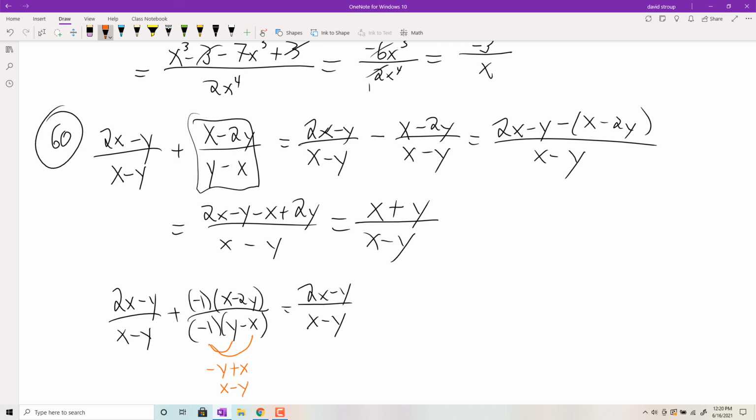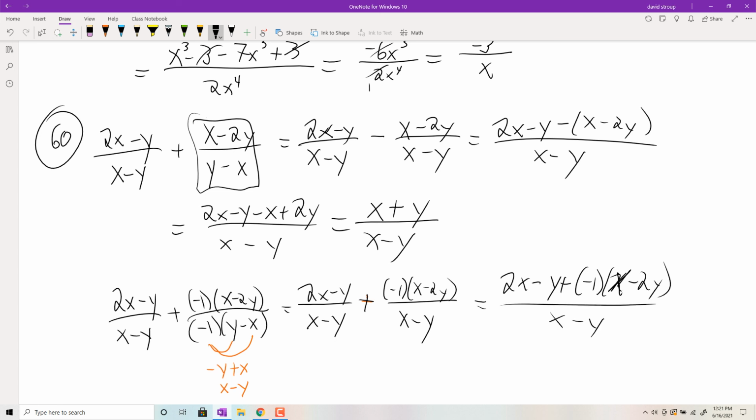Okay, so you end up with that denominator that you want, plus negative 1 times (x minus 2y) all over (x minus y). It's the same thing though, right? Because now you're going to be adding this negative 1 times plain old (x minus 2y) all over (x minus y).